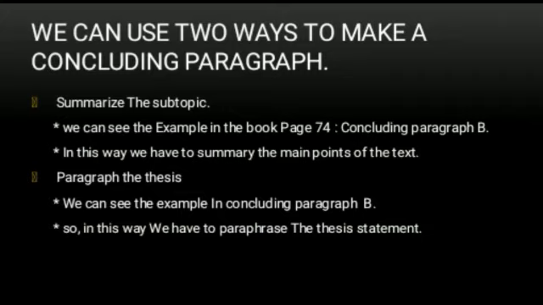Paraphrase the thesis. We can see the example in concluding paragraph B. So in this way we have to paraphrase the thesis statement. Okay everyone, I think that's enough from me about the conclusion, and thanks for your attention. The next material will be presented by Yuni Ningsih.